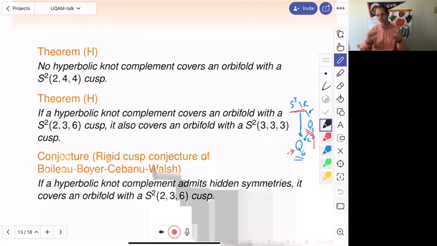And it's just writing down the peripheral subgroup and then the knot group in a nice way, and realizing that the meridians of the knot complement have to sit in a very prescribed way in the quotient orbifold fundamental group. That namely the knot complement is the normal closure of a peripheral element is really what allows you to attack these two theorems.